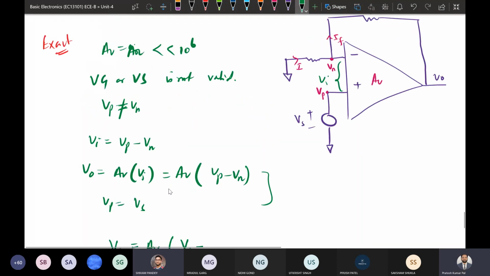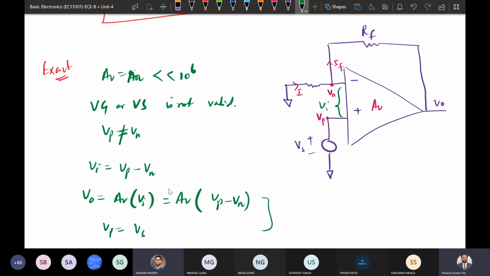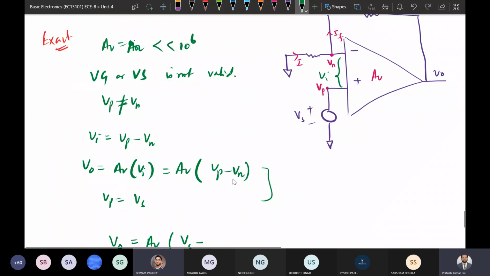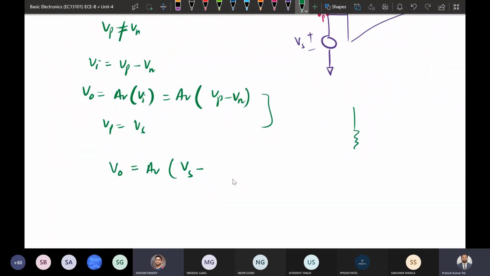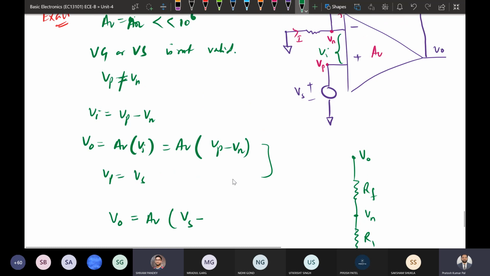If we want to find the Vn value, we can just rewrite the feedback circuit. So this is our Vn, and this is R1, this is Rf, and this is our V output. So we have just rewritten the circuit.